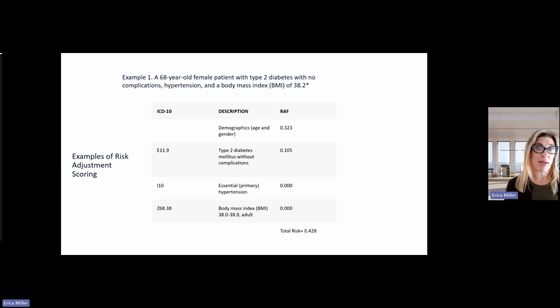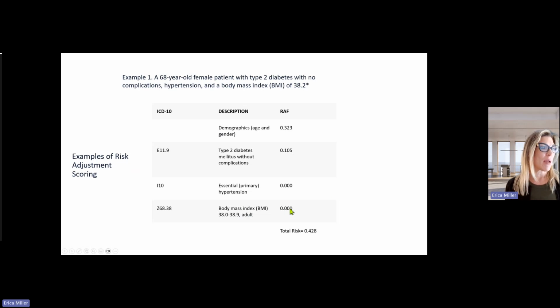So they have, and these are just sample scores, okay? So based off her age and gender, they put a risk adjustment factor score of 0.323. No complications, type 2 diabetes, risk adjustment factor 0.105. Essential hypertension doesn't have a risk adjustment factor score, so we'll just keep that as 0.